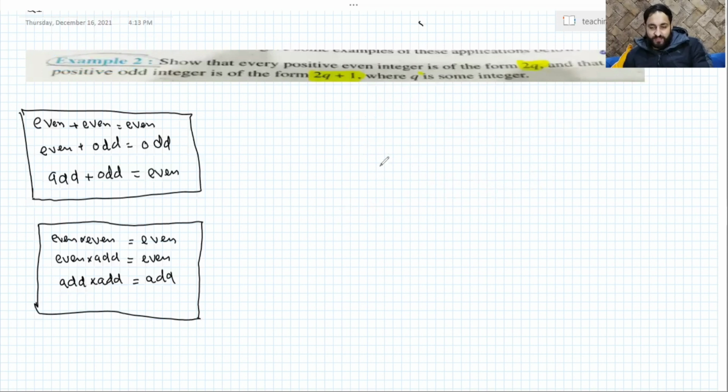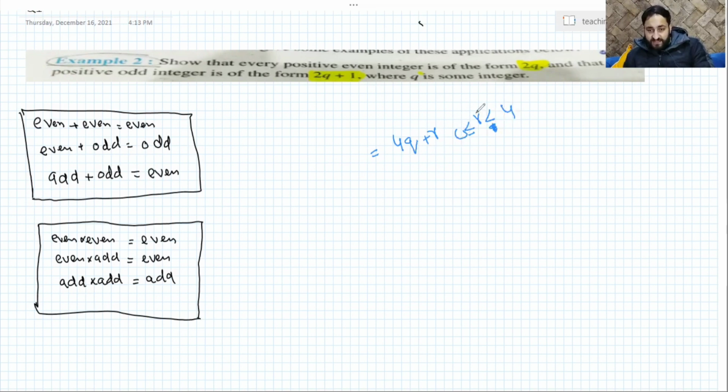Now, suppose you have 4q. Can you represent any integer in the form of 4q plus r? Yes, you can, because that's what Euclid's division lemma is saying. r should be greater than or equal to 0 and always less than 4.